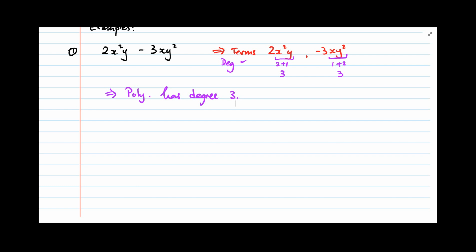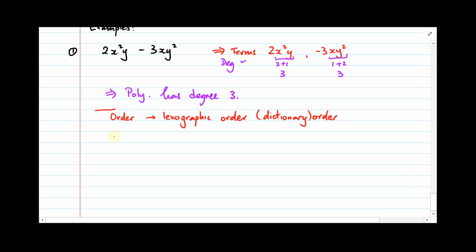Whenever we have two monomials of the same degree and we want to order them, the order that we will use is what we call lexicographic order, or dictionary order. What do I mean by that?